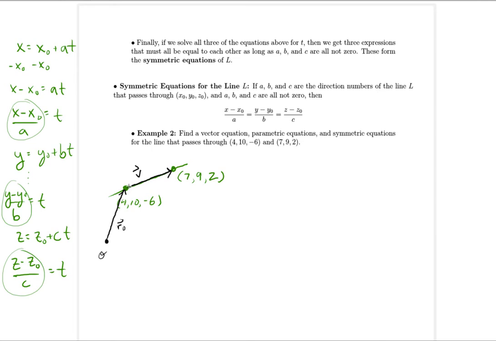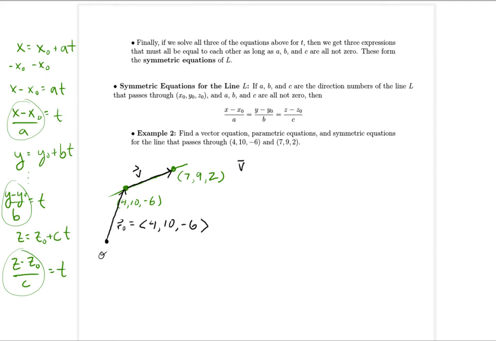As you can see, I know how to make a vector if I know 2 points: I just subtract them. And then r0, if it's starting at the origin, I can just express as 4, 10, negative 6.